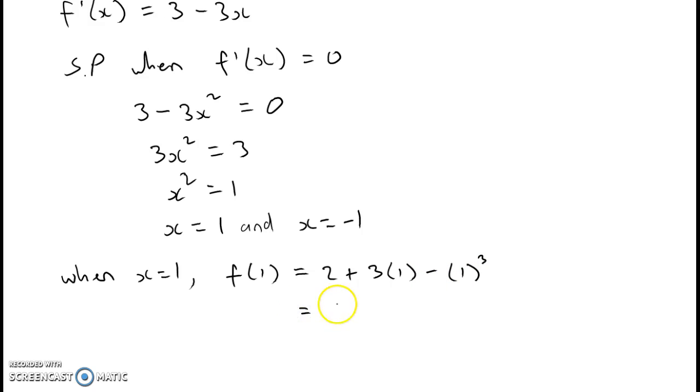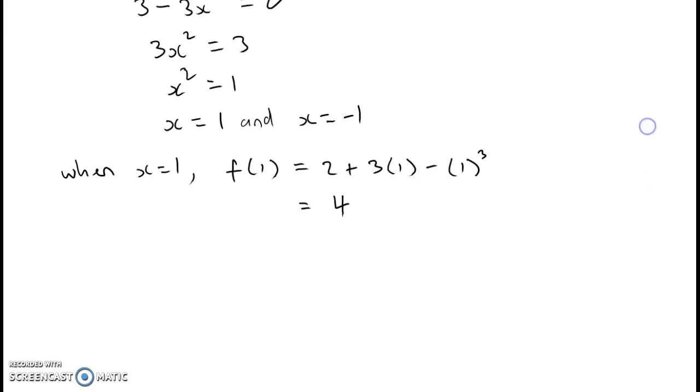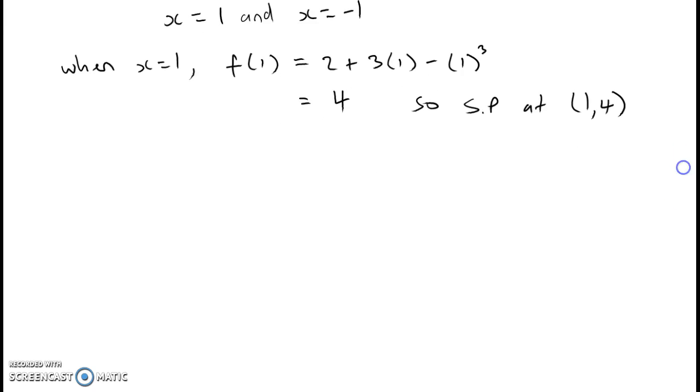So we've got that equal to 5 minus 1, which will give us 4. So we've got a stationary point, SP at 1, 4, that's one of our stationary points.